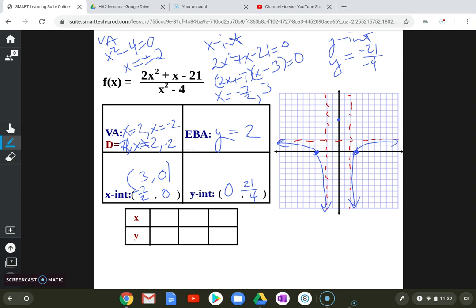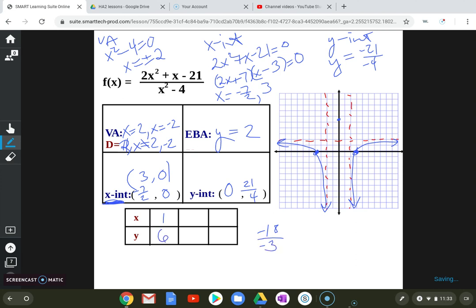And how do I know? Because there's no other x-intercepts, and therefore it cannot cross the x-axis, which means it's going to have to go kind of more like a parabola. It's going to go up on both sides. So if you want to plot a point or two, like if we plug in a 1, then we get 2 plus 1 is 3 minus 21, negative 18 over negative 3.